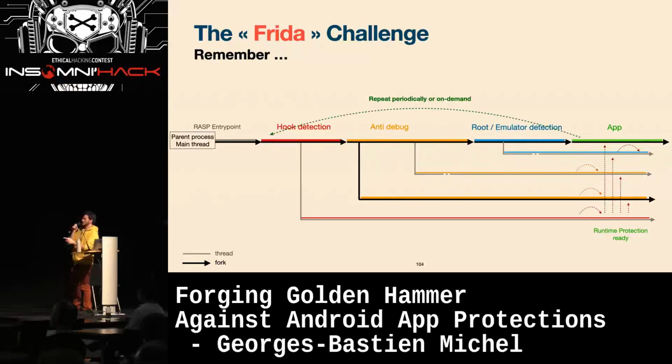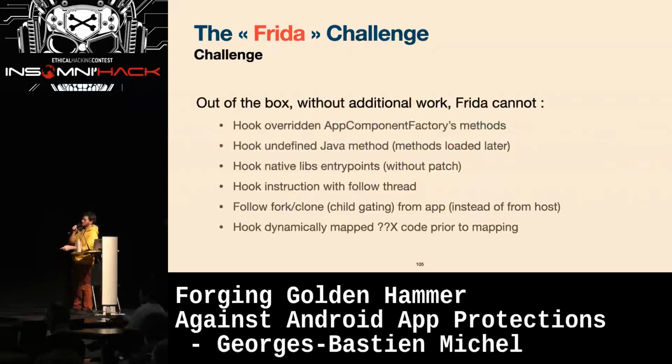So remember, you would like to bypass all, but there are a lot of threads, there is fork, there is hooking into the entry point of libraries, there is hooking inside the app component factory prior to the application attach base context.